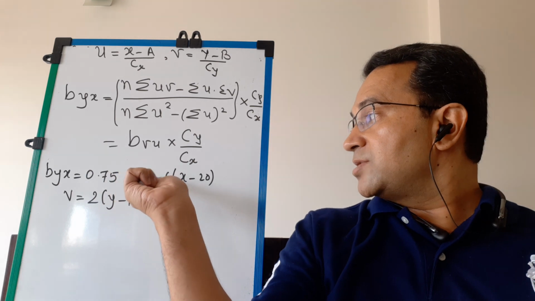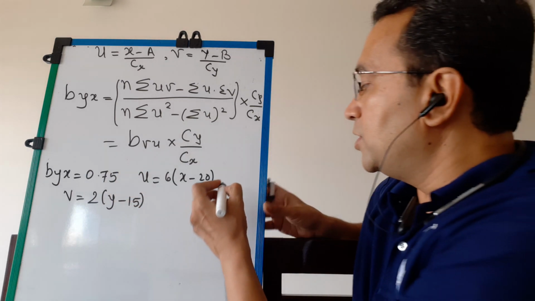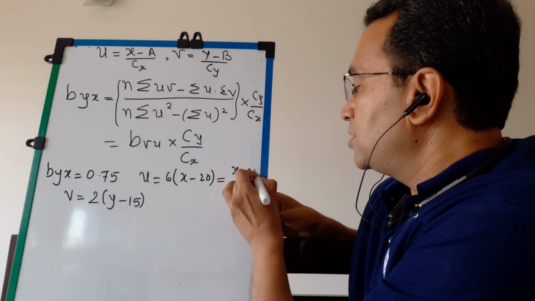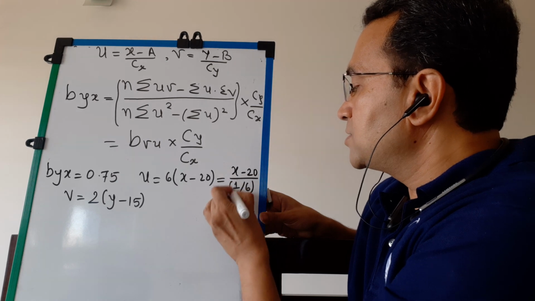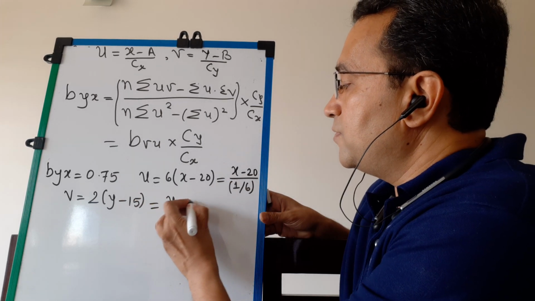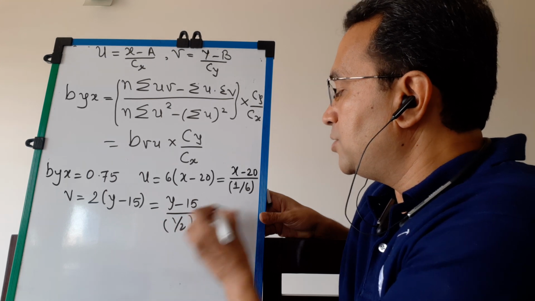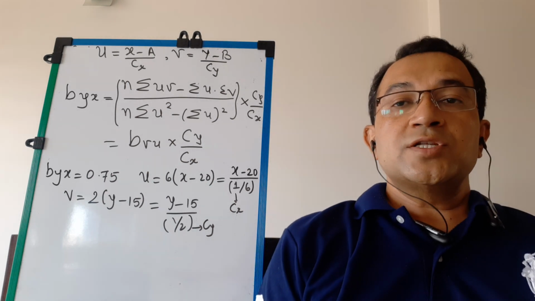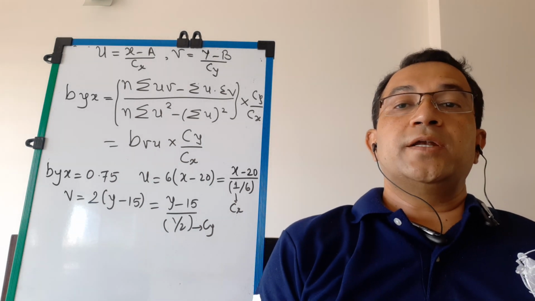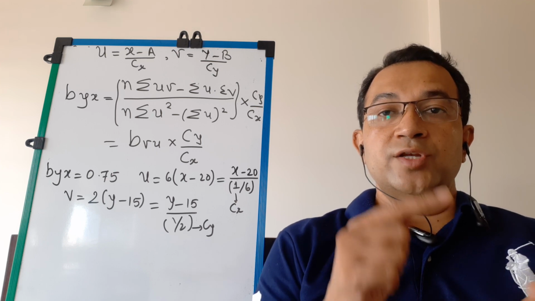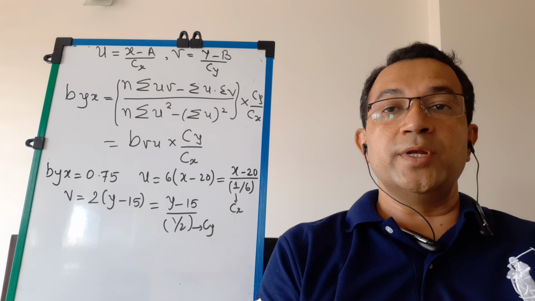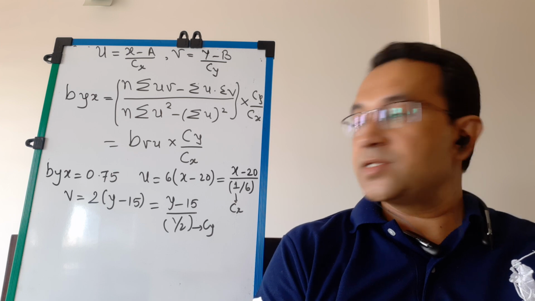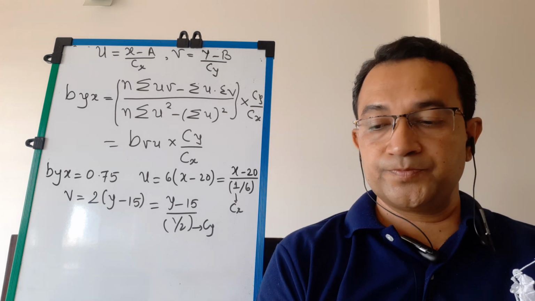You can check: 6 is in multiplication, but if I shift it to the denominator, I can write this as (x minus 20) divided by 1 upon 6, and this can be written as (y minus 15) divided by 1 by 2. So this becomes cx and this becomes cy. Always, students, cx and cy are located in the denominator. So when you shift a value from numerator to denominator, you have to write it as a reciprocal. So the reciprocal of 6 is 1 by 6 and the reciprocal of 2 is 1 by 2.